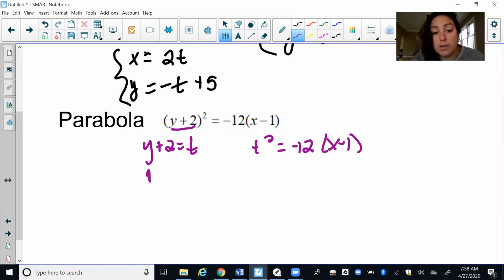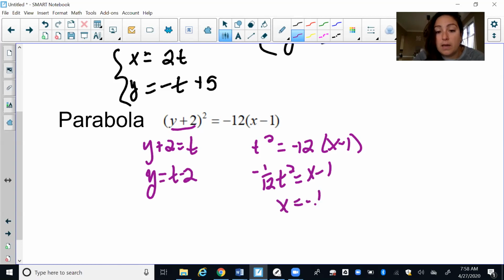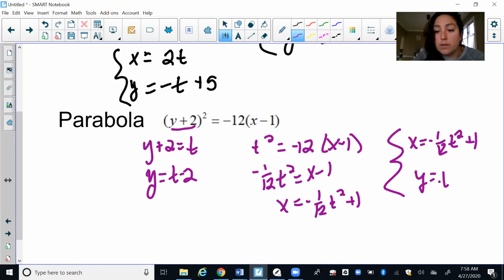So our 2 equations are y equals t minus 2 and negative 1/12 t squared equals x minus 1. So x is negative 1/12 t squared plus 1. So our parametric equations are x equals negative 1/12 t squared plus 1, and y equals t minus 2.